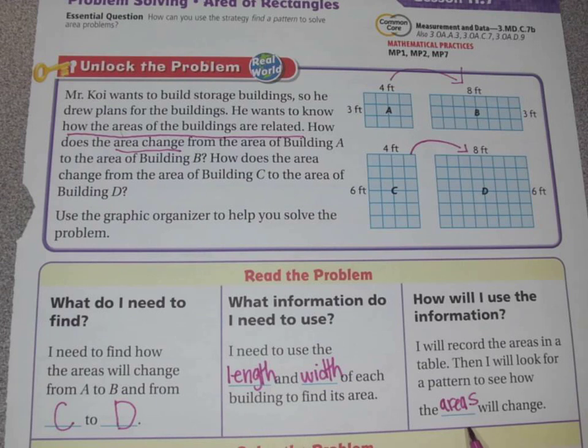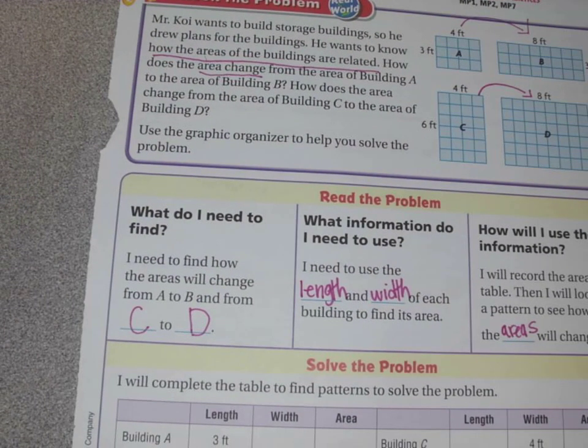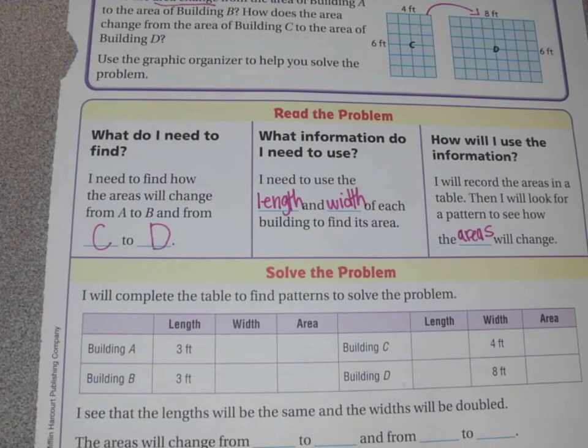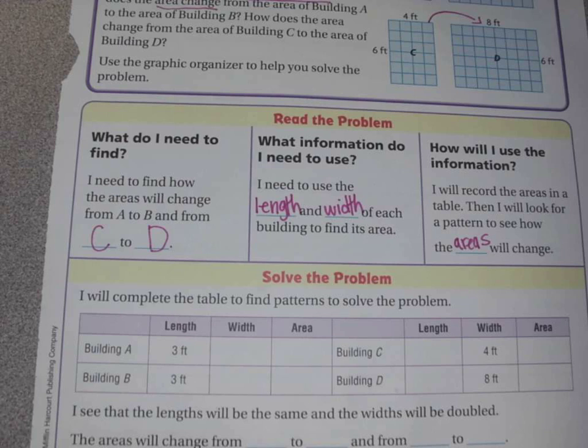How are these areas changing? Now, the graphic organizer that we're going to use is a table, and this table is going to help us solve the problem, figure out the patterns, and it also helps us to organize our thoughts, our thinking, boys and girls. All right, so let's look.